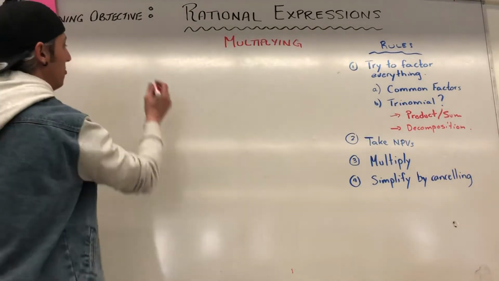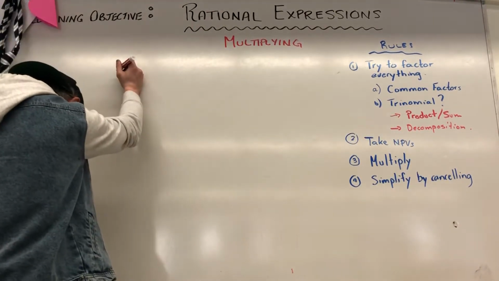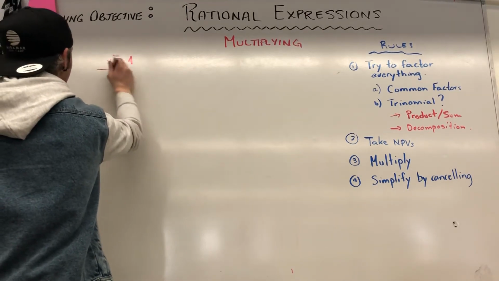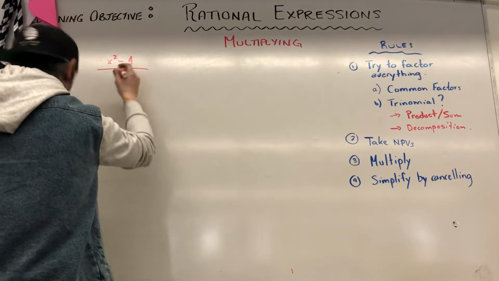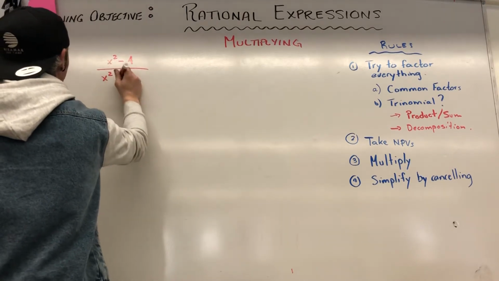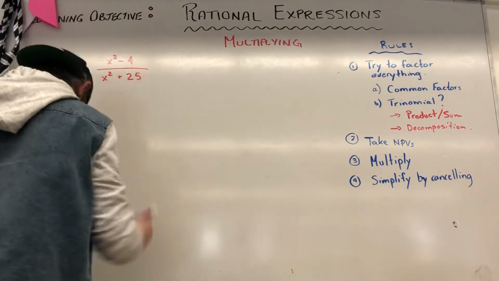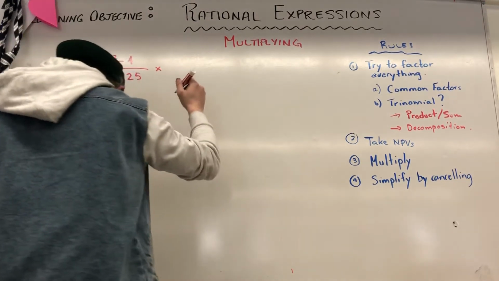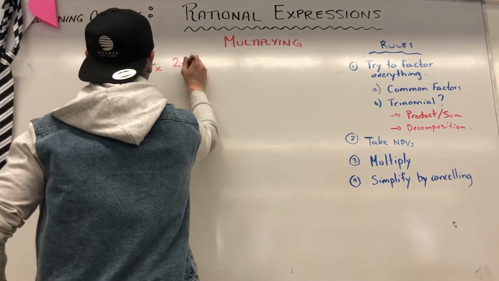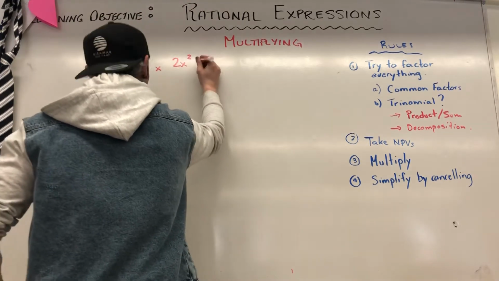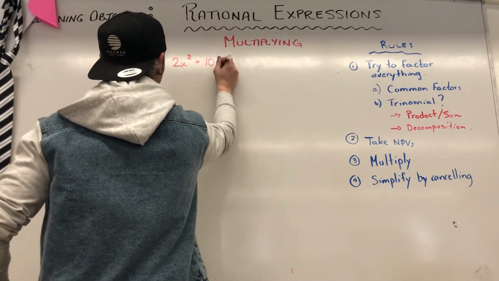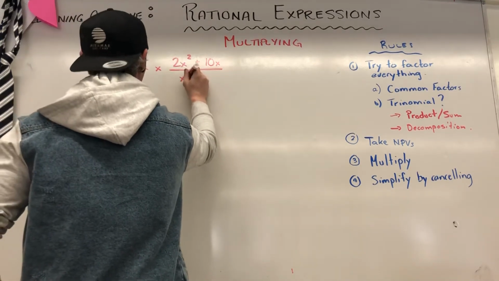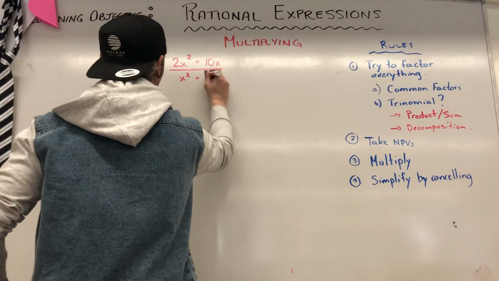Use the color passion. Okay, so we've got x squared minus 4 over x squared plus 25. And we're multiplying that with 2x squared plus 10x over x squared plus 2x.